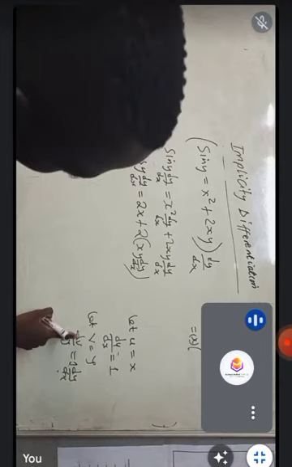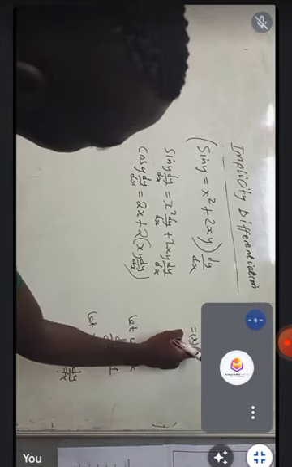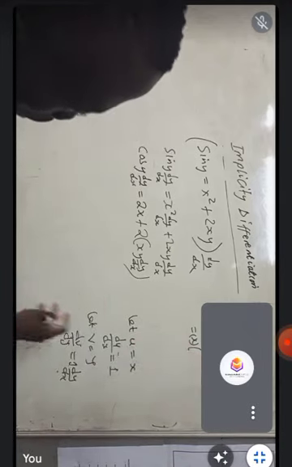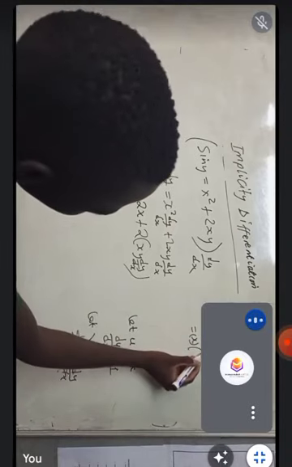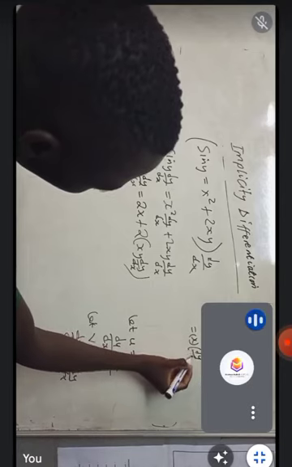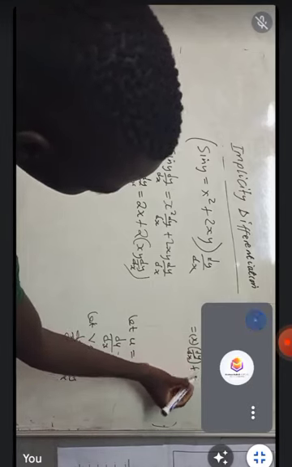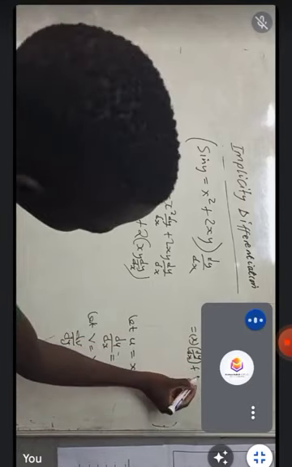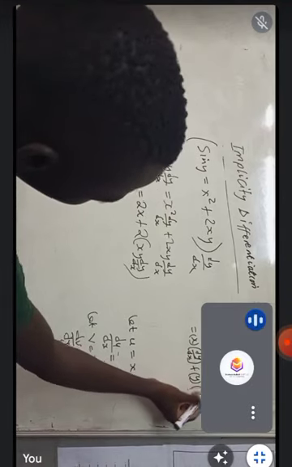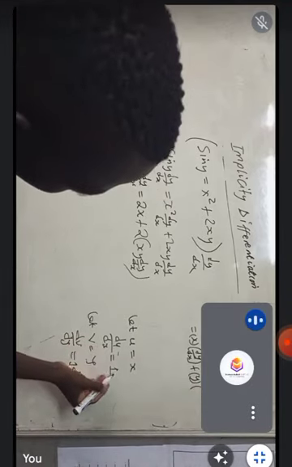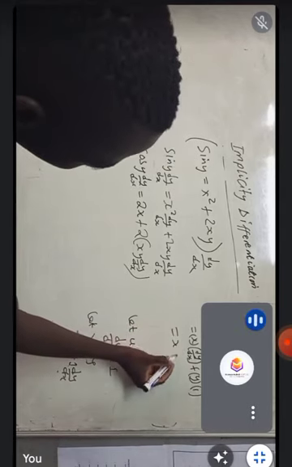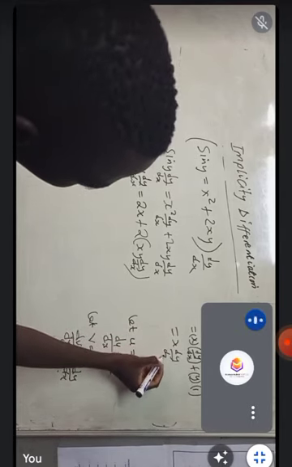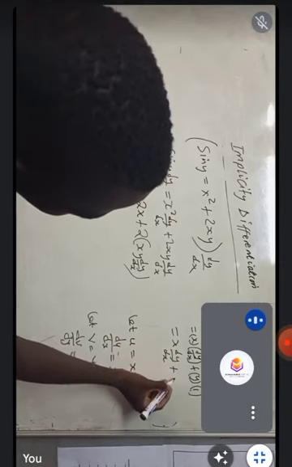So dv dy is this term here, dy over dx, plus our v is y multiplied by du dx. Du dx is 1. So this multiplied by this, you have x dy dx plus this multiplied by this is y.